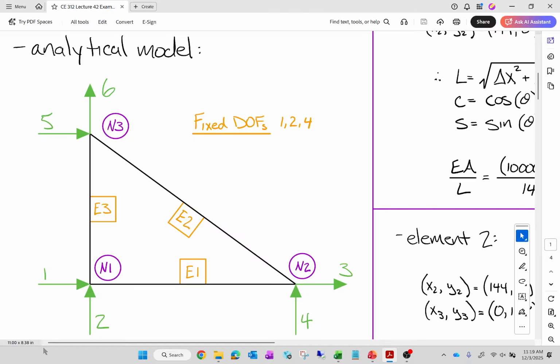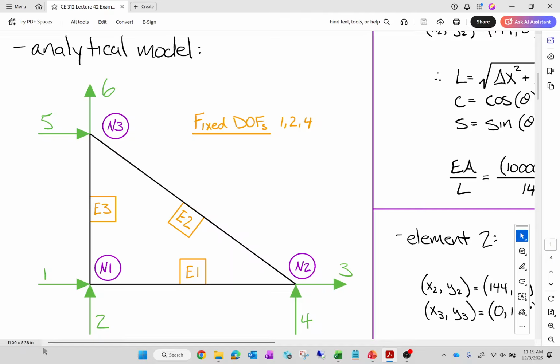E and A is 10,000 and 5.4. L is 180. Okay? So 10,000 times 5.4 is 54,000. 54,000 over 180 is a nice 300. Does that make sense?